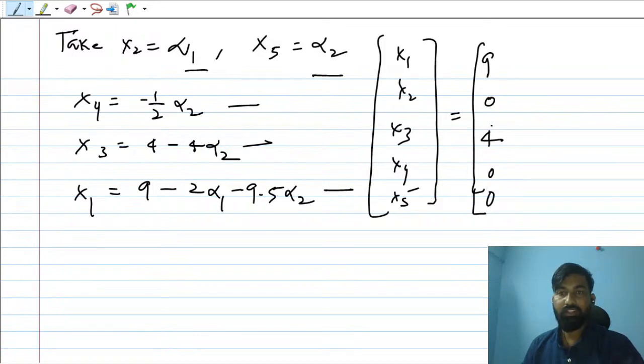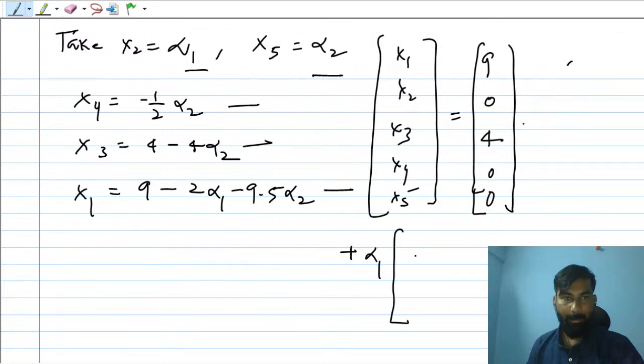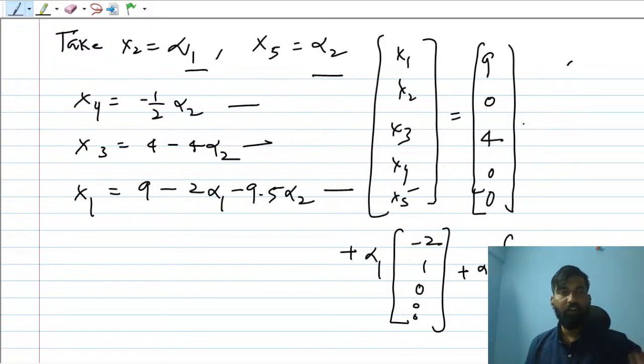So 9 0 4 0 0, okay, this is the constant part plus alpha 1 times of something. In the last session only I have discussed, so please keep in mind. So this is alpha 1 times minus 2 1 and all zeros, plus alpha 2 times, okay, I believe this is fine for everyone.